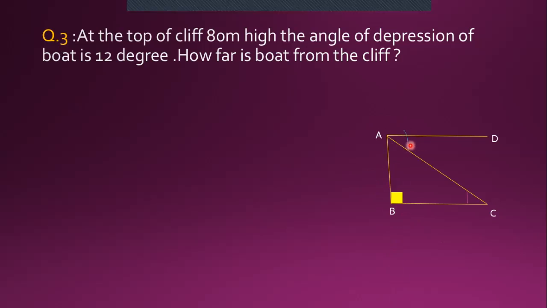Actually this is the angle of depression, it is 12 degrees, and obviously this would also be 12 degrees. I was talking about that these are two parallel lines. You can say both are horizontal lines. So if a transversal line intersects them, then angles on the opposite sides are equal and they are called alternate angles.